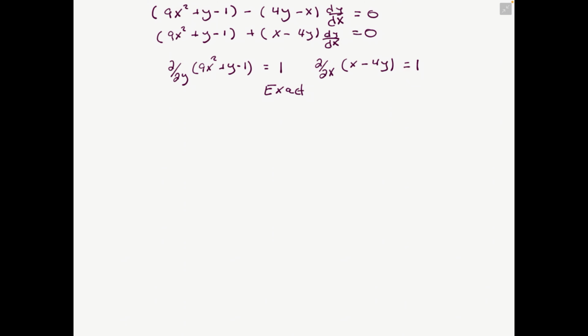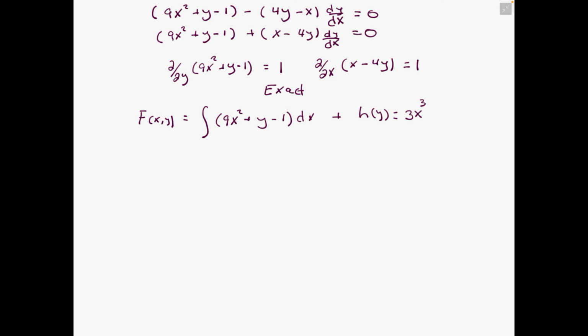Now we take our differentials. d/dy of 9x squared plus y minus 1 is equal to 1. d/dx of x minus 4y is equal to 1. So they're exact, and so there's a solution.